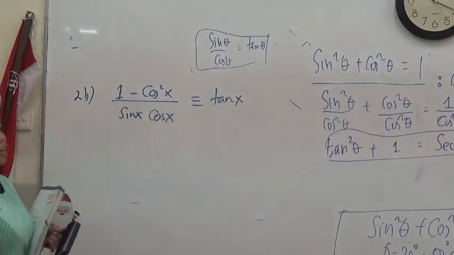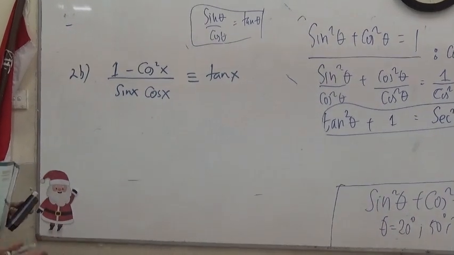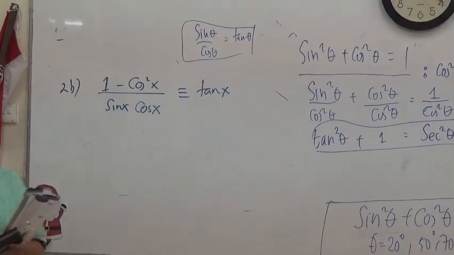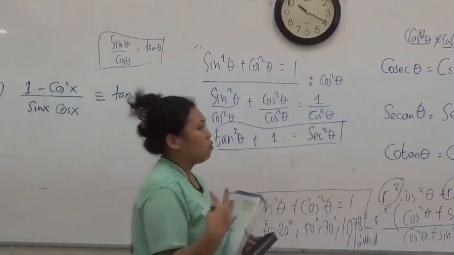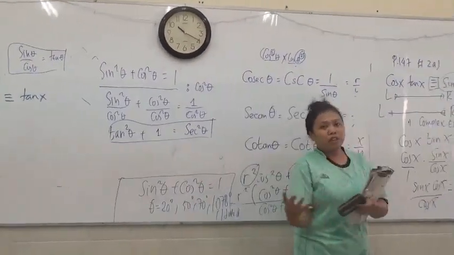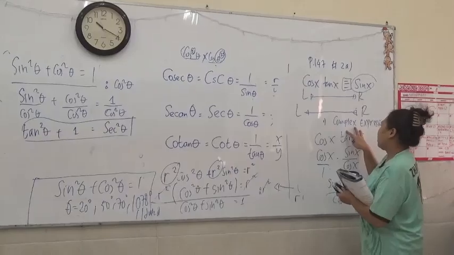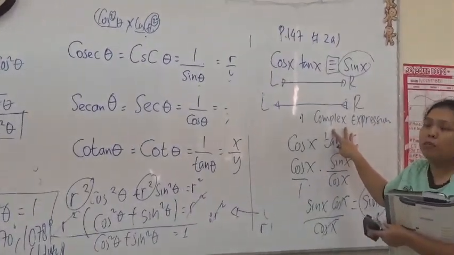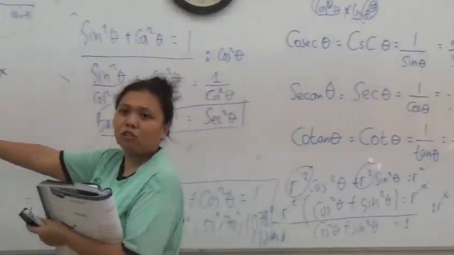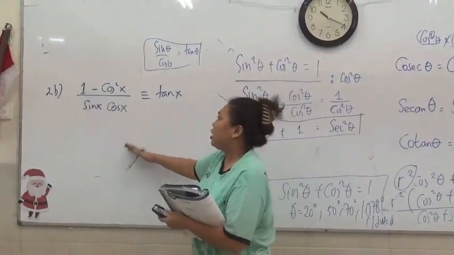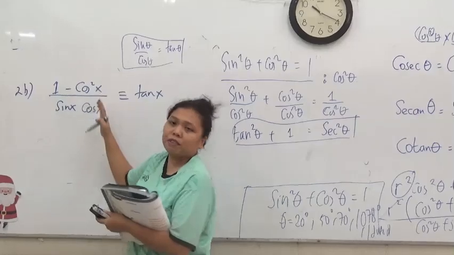Once again, when you are proving, you can choose any direction, from the left side to the right side or otherwise. I already gave you the clue how to do it easily, which is by taking the complex expression to the simplest expression. If you see your question, the complex one is at the left side, so it will be much better if you rearrange the expression at the left side.